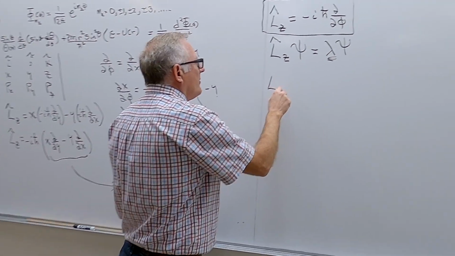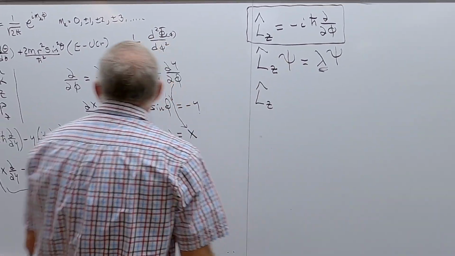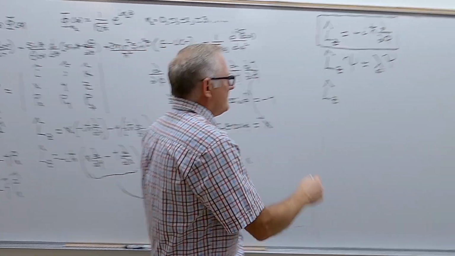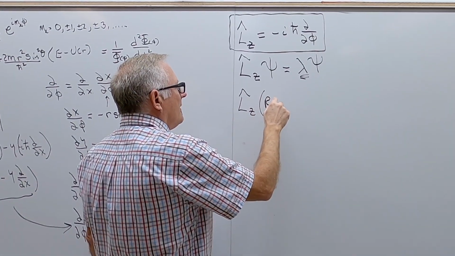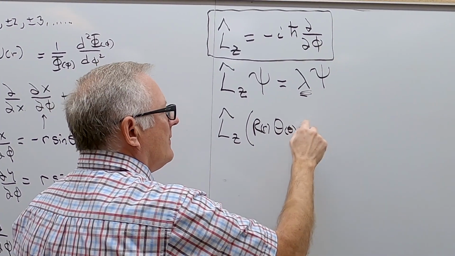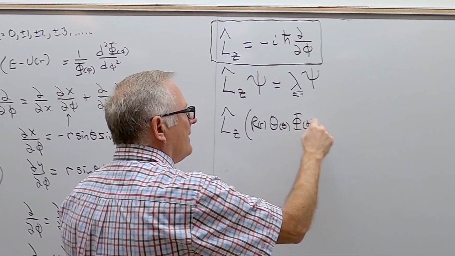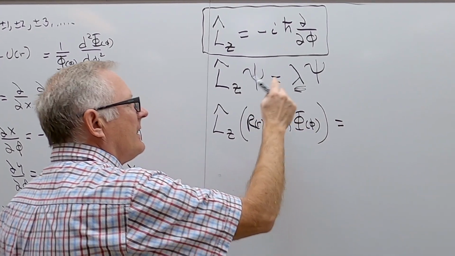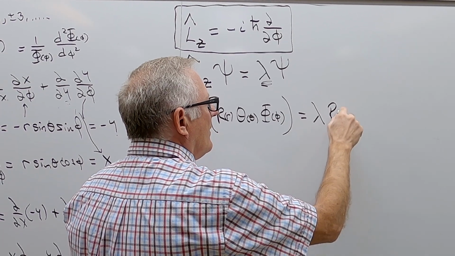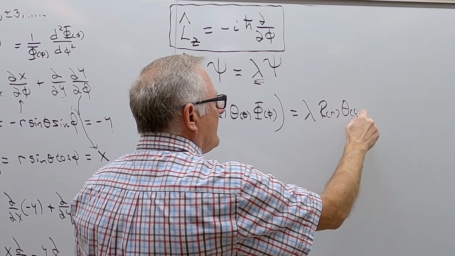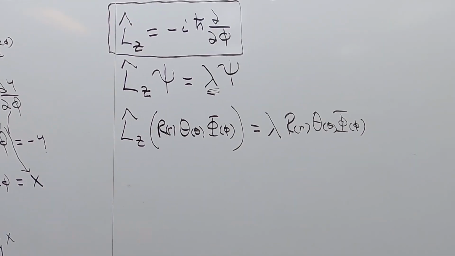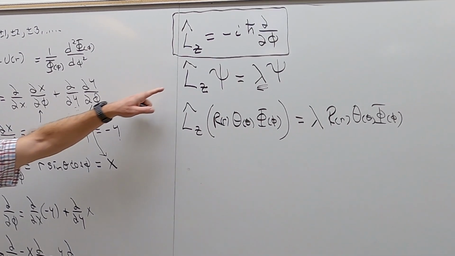If we plug in L sub z on psi, we might as well write psi as R sub r, Theta sub theta, Phi sub phi, equals lambda, that's what we want, times my psi again, R sub r, Theta sub theta, Phi sub phi.